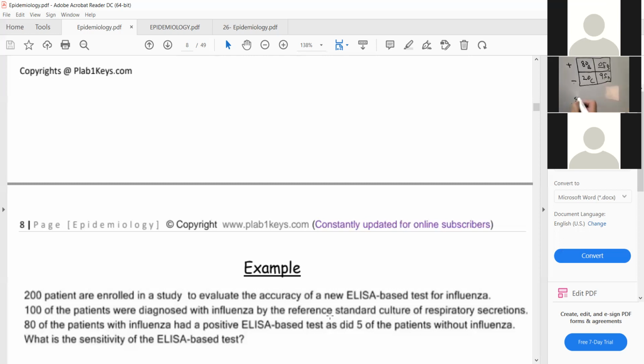Now what is sensitivity? Sensitivity is the ability of a test to identify those who are truly sick. S for sensitivity and S for sick.